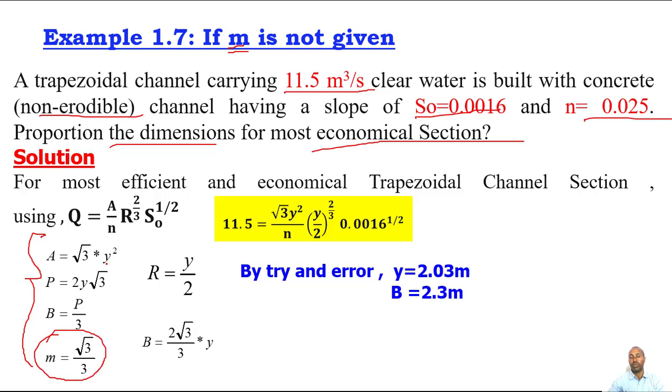Then we have the area, perimeter, etc. So you just substitute in the Manning equation, because you have the bed slope and Manning roughness known, the discharge known, then the only unknown is y. So by trial and error, y will be 2.03 and the bottom dimension will be 2.3.